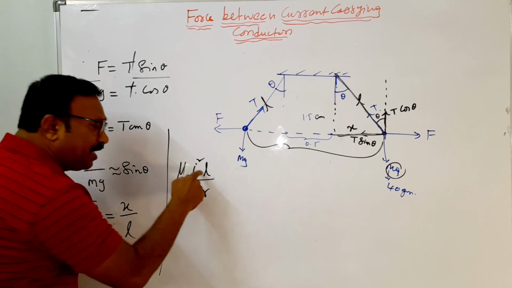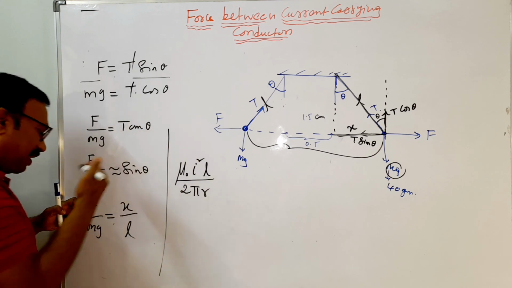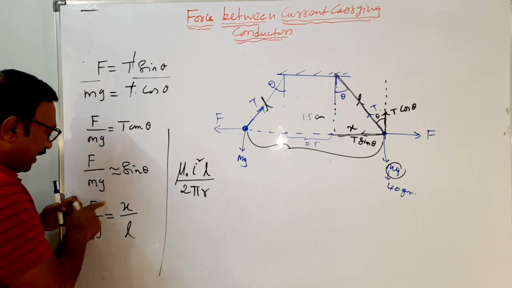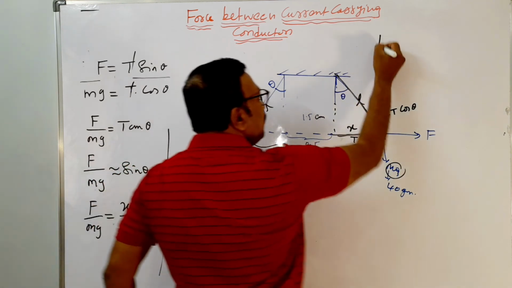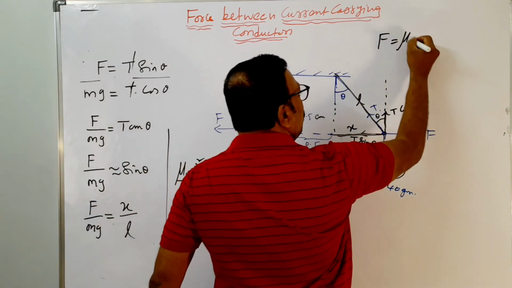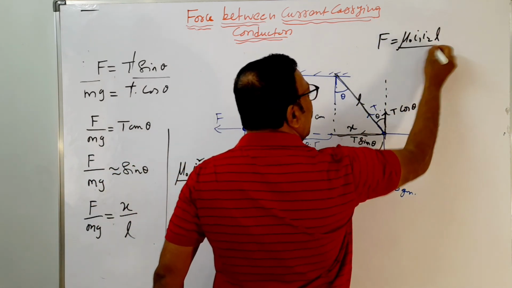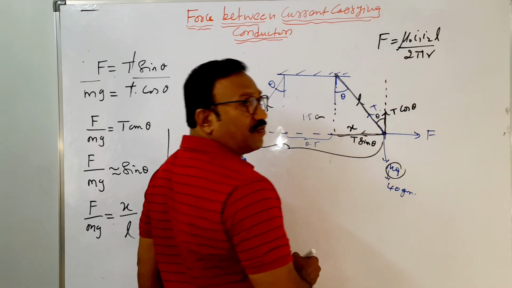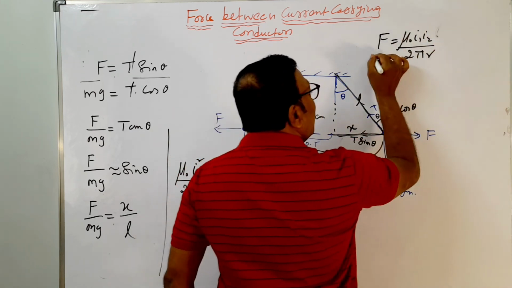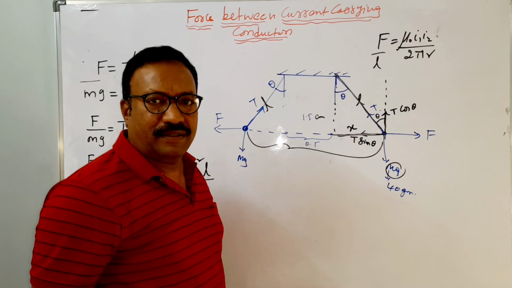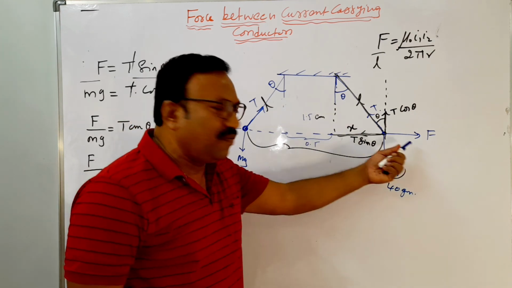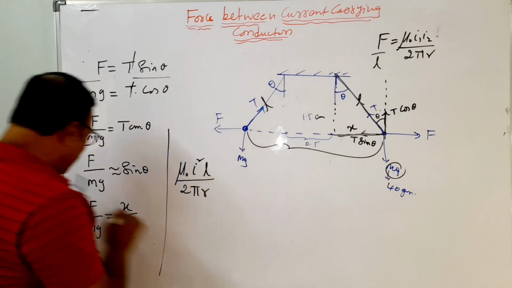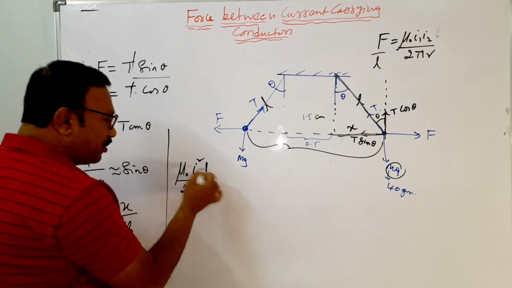Total force means you will get into length. Force per unit length means F by L you will get. So I am calculating total force. What was the formula? F is equal to mu naught I1 I2 L by 2 pi r. This is total force. If I bring this L here, then it becomes force per unit length. Understand? I am taking total force only here. So that is why this F is substituted as mu naught I1 I2 L by 2 pi r.